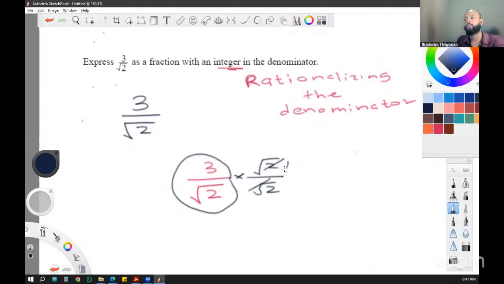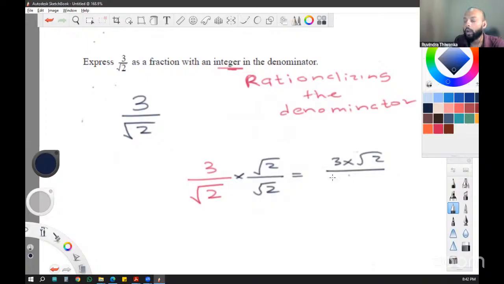That means multiplying by root 2 over root 2 does not affect the value of this number. So 3 over root 2 into root 2 over root 2. Now you can write this as 3 into root 2. Can you remember that root a into root b gives root ab? Now root 2 into root 2, what does it give?